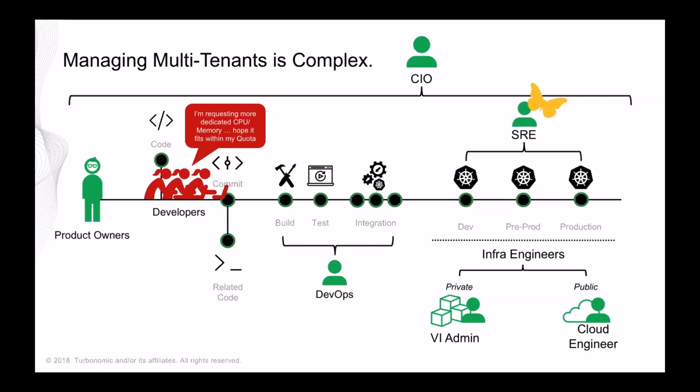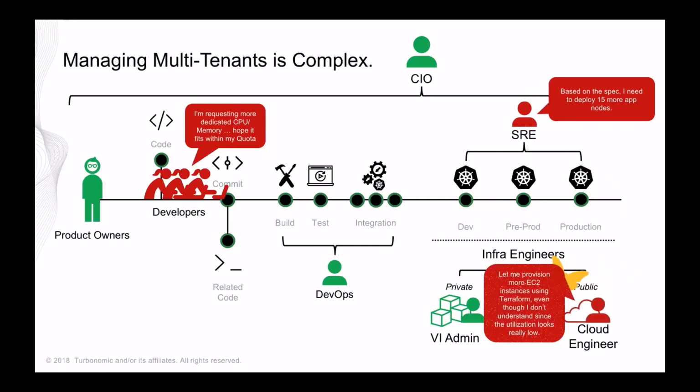Now, the butterfly effect is someone may be looking at these specifications coming through the pipeline and saying, okay, in order to deploy these services, we may need to scope the project for a certain amount of quota, which may need more nodes. And then the engineers that are providing the underlying compute resources are going to say, okay, we need to provision more resources, even though I'm not sure why, because the utilization overall looks pretty low.